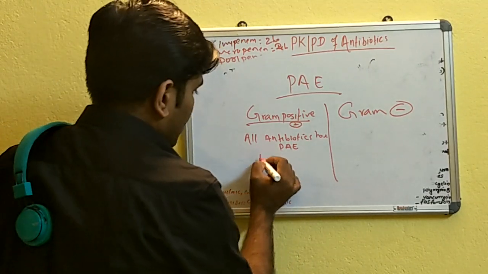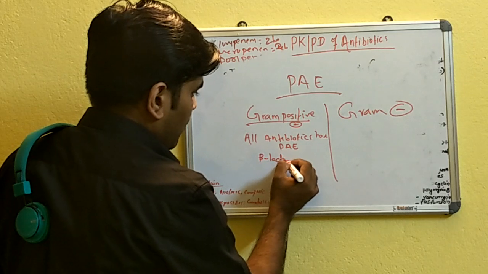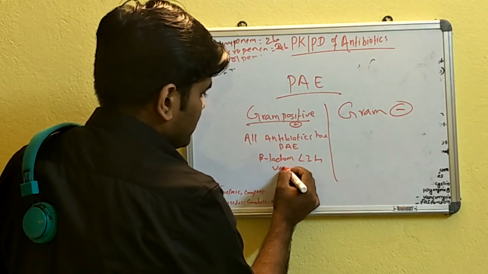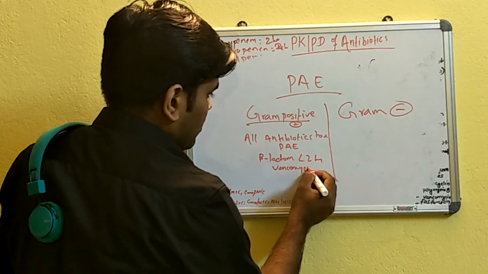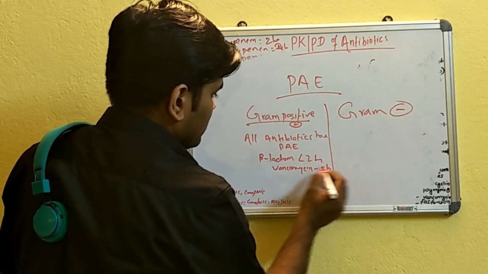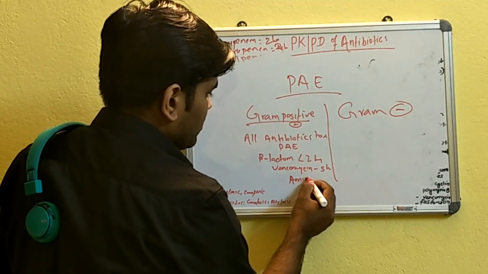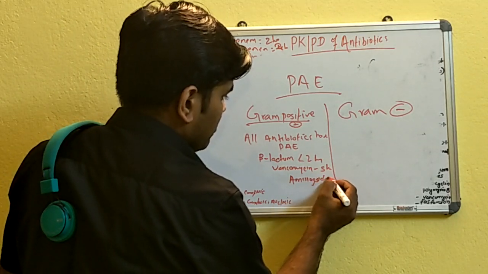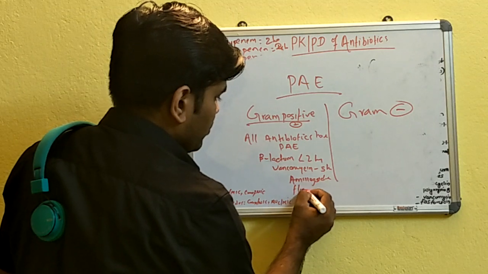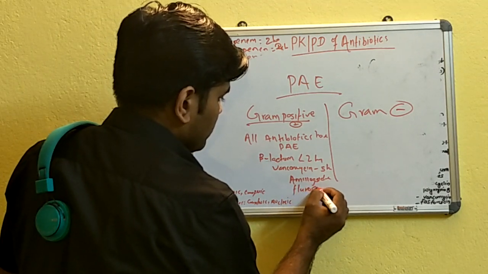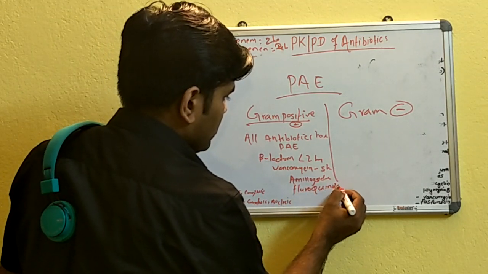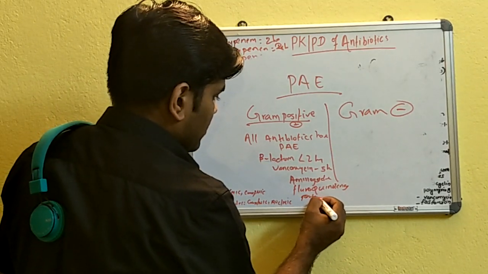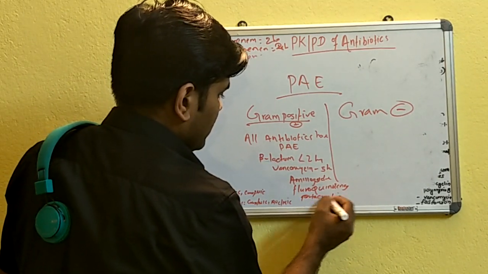That is beta lactam, less than 2 hours, vancomycin 5 hours, then aminoglycoside, fluoroquinolones, then tetracycline, clindamycin.